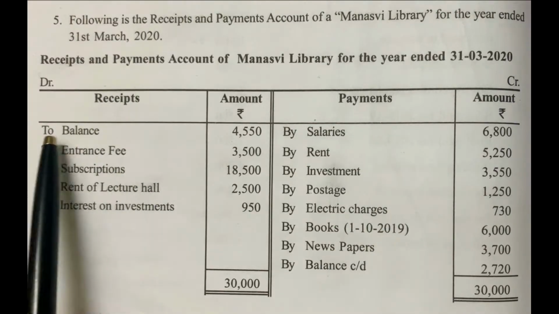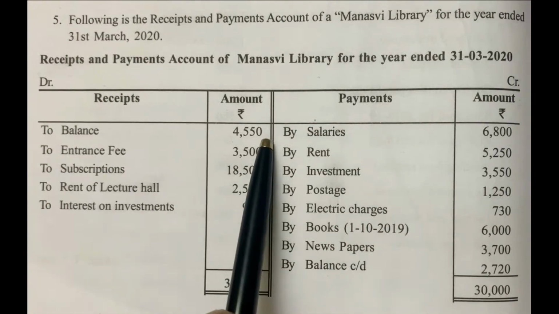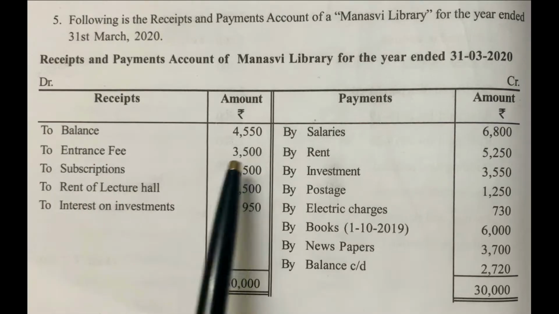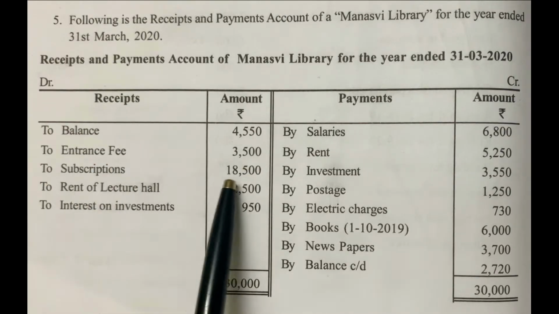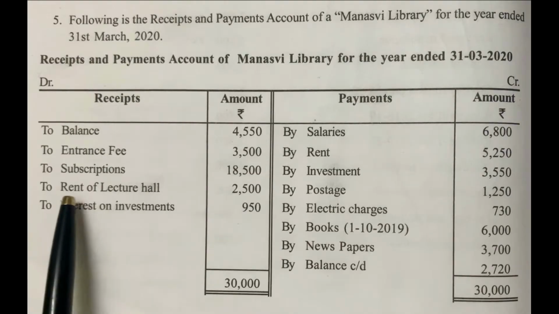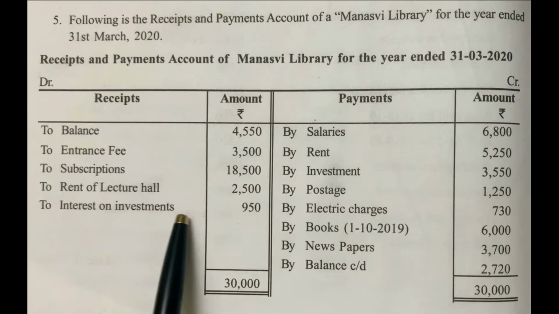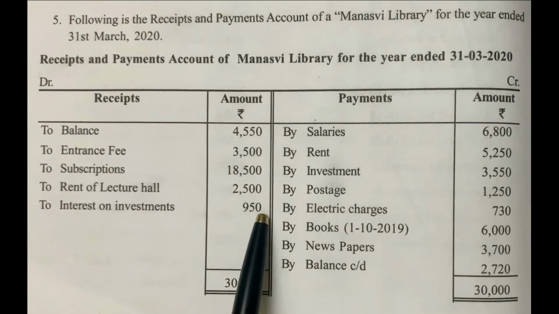Receipt side: To balance 4,550 rupees, to entrance fee 3,500, to subscriptions 18,500, to rent of lecture hall 2,500, to interest on investments 950 rupees.